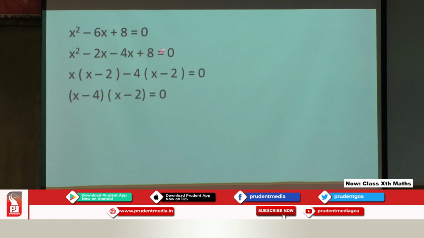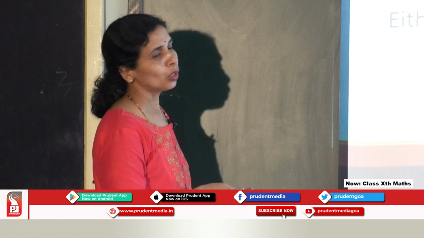But here we should find the other two zeros. So either x minus 4 is equal to 0, or x minus 2 is equal to 0. Therefore x is 4, as the sign changes when carried to this side, or x minus 2 is 0, therefore x is equal to 2.